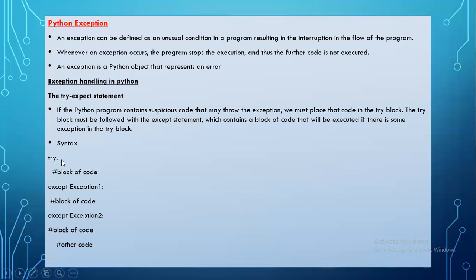The try block uses a colon, and we can give the error-expected code there. Try can have multiple except blocks also, like this: except with an exception type, and again one more exception like that.